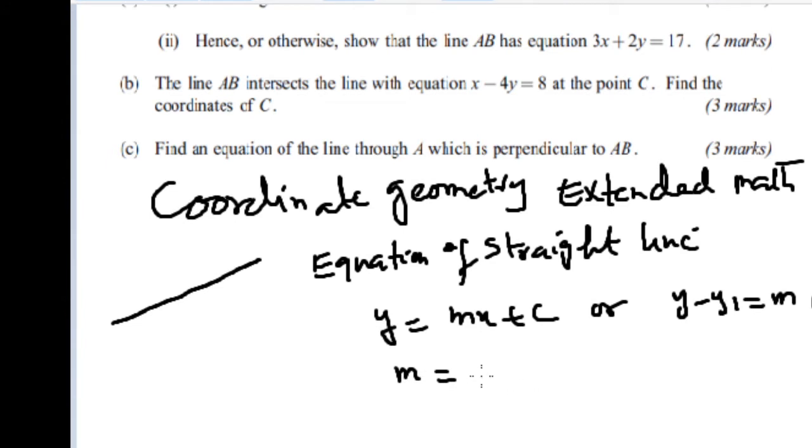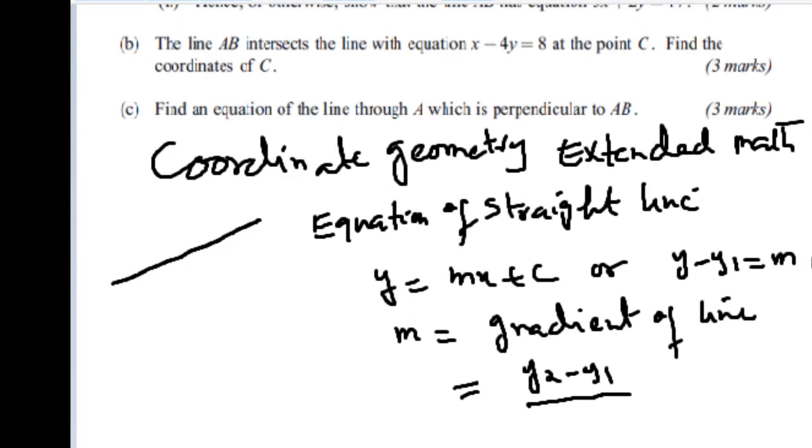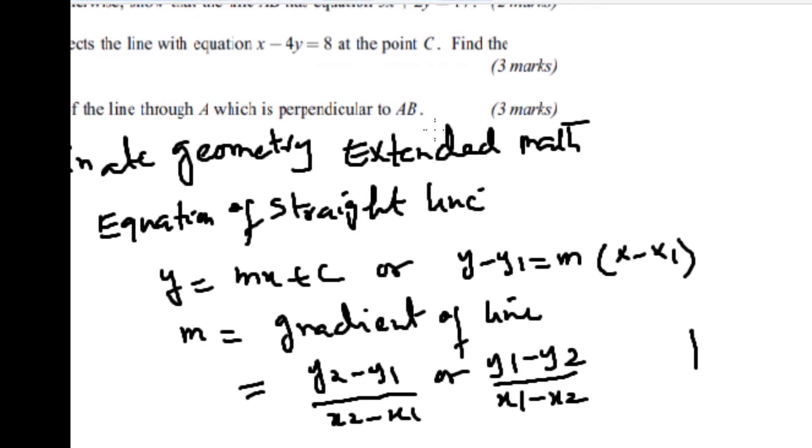As we discussed in previous lessons, m is the gradient of the line. Now we can write m as y2 minus y1 over x2 minus x1, or y1 minus y2 over x1 minus x2. One more form is also there for writing the gradient of the line. That form is here.